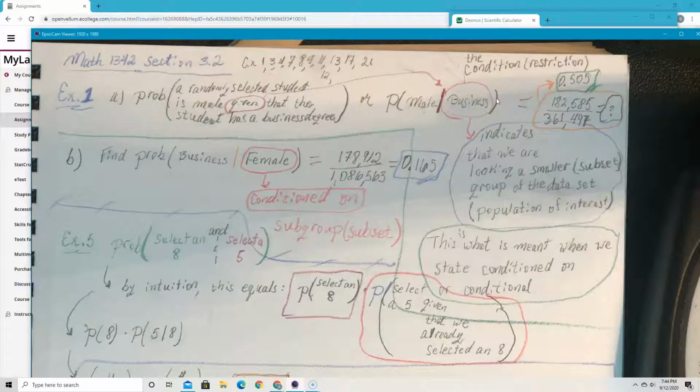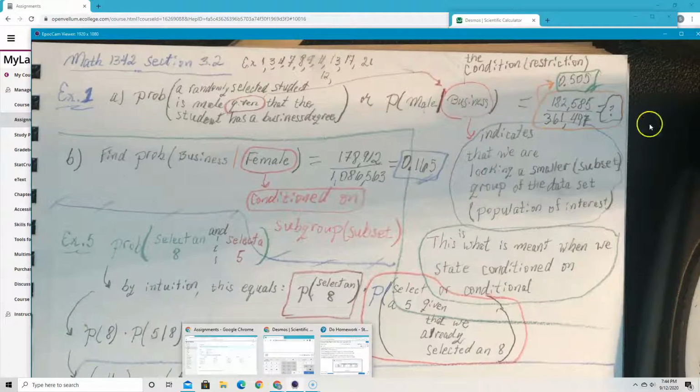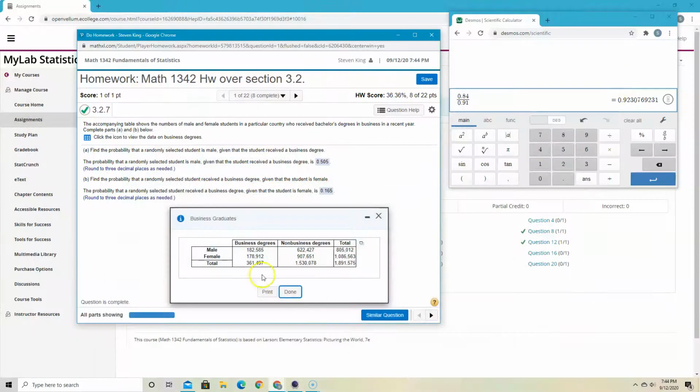So given that the student, we know we're only looking at the students who have business degrees. That's a restriction on the entire population of interest. It's not all of these students that add up to this number right here. It's only out of those who have business degrees, which is now this many. And so that's the condition.